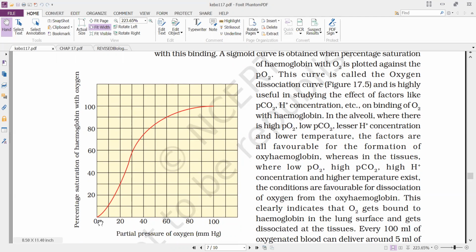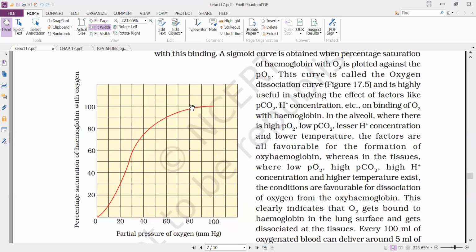When the partial pressure is 0, the binding of hemoglobin with oxygen is very low, it is 0. As the partial pressure of oxygen gradually increases, the percentage of saturation of hemoglobin with oxygen also gradually increases.